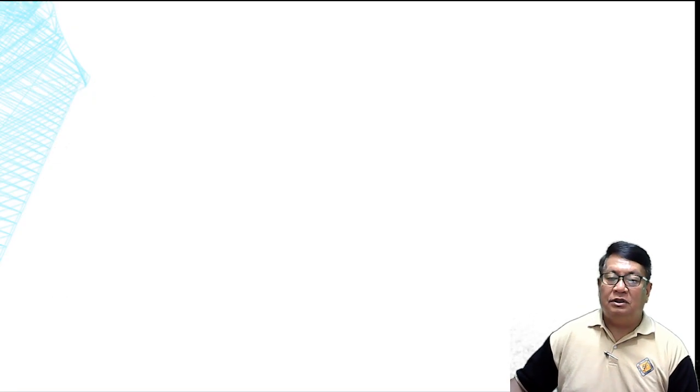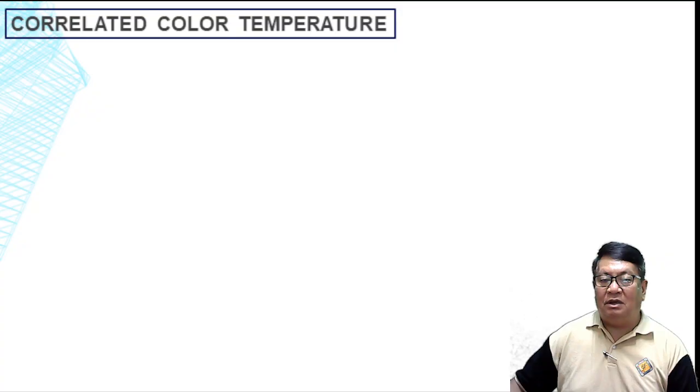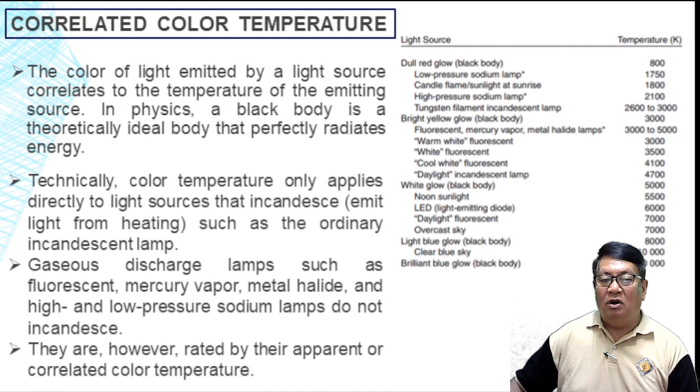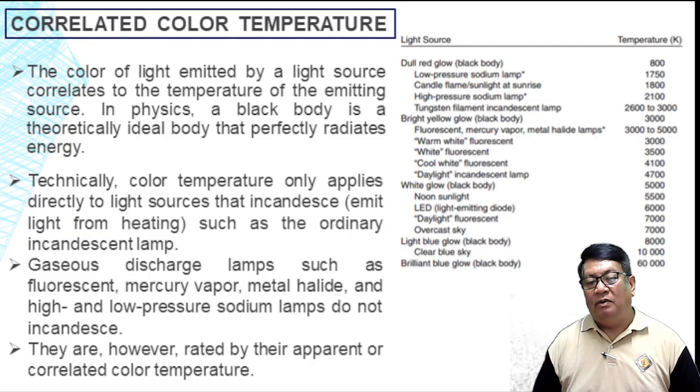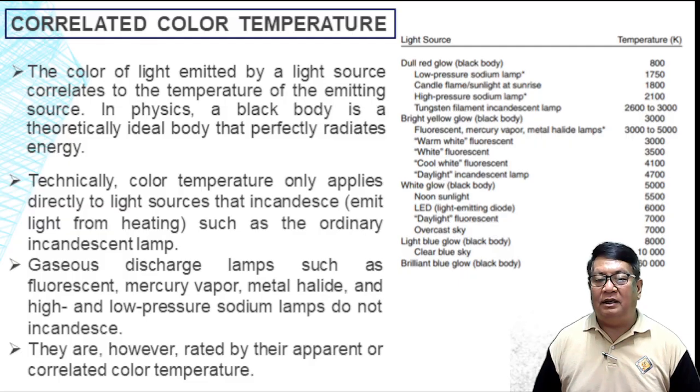Next we have the correlated color temperature. The color of light emitted by light sources correlates to the temperature of the emitting source. According to physics, we have a theoretical ideal body that perfectly radiates energy.